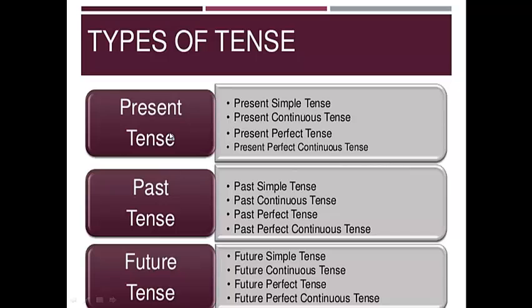Here you can see present, past and future tense and its four kinds. Simple present, present continuous, present perfect tense, present perfect continuous tense. And here you can see past and future and its four kinds.